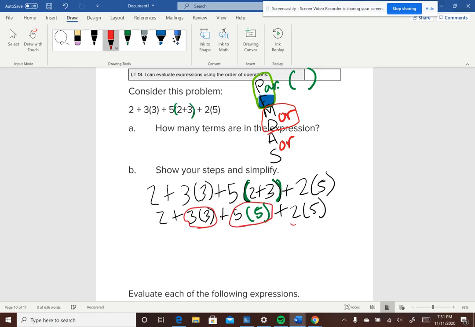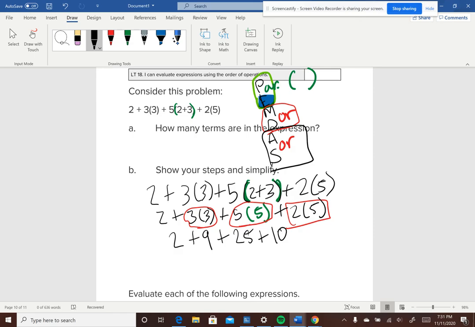multiplication terms. All right, we'll talk about terms in just a moment. So we have 2 plus 3 times 3 is going to give me 9, plus 5 times 5 is going to give me 25, plus 2 times 5 is going to give me 10. And so now we can move on to adding or subtracting.